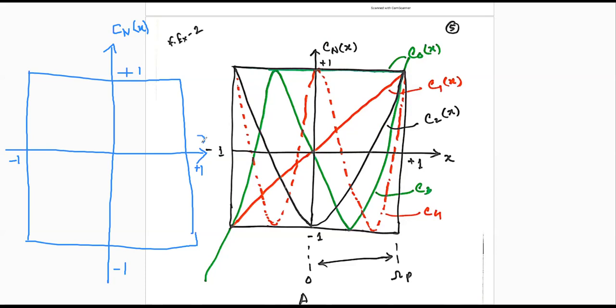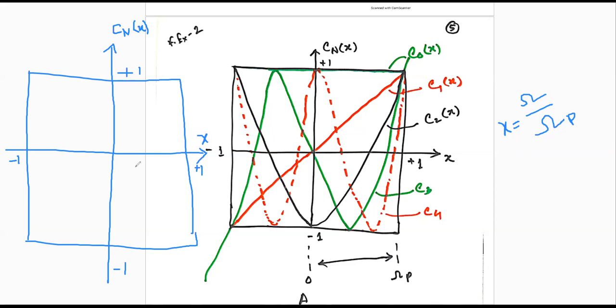What is x again? What is x? Omega divided by omega p. Exactly. So x is relative frequency.